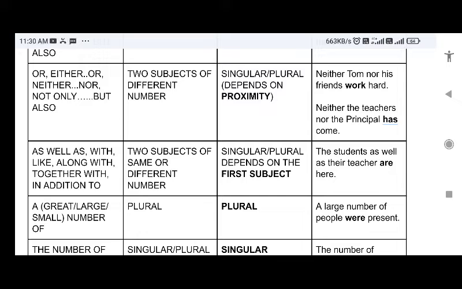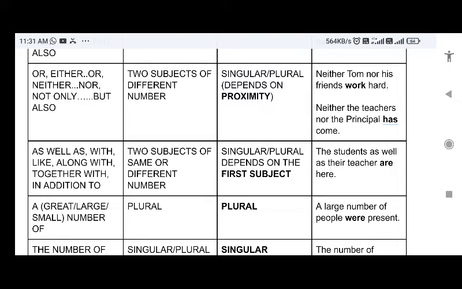Which noun is nearest to the verb? That is friends. Which number is friends? It is plural in number. So our duty is to make the verb plural also. That's why, without writing walks, I have written work, which is the plural form of the verb. So, neither Tom nor his friends work hard.